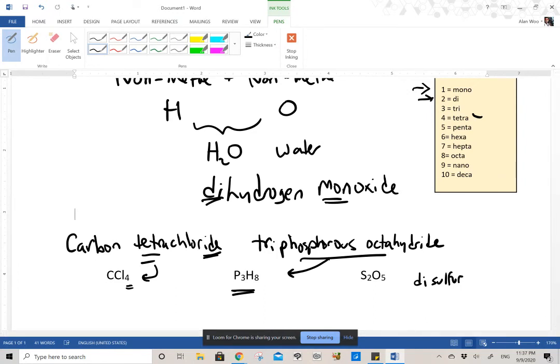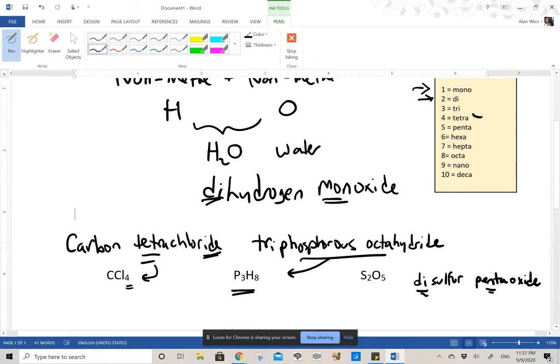The prefix for 5 is penta, and oxygen becomes oxide, so you just go pentaoxide. Using prefixes is very easy. I actually find this to be easier than the ionic compound naming. Just keep in mind that nowhere in this type of naming will you ever use Roman numerals.